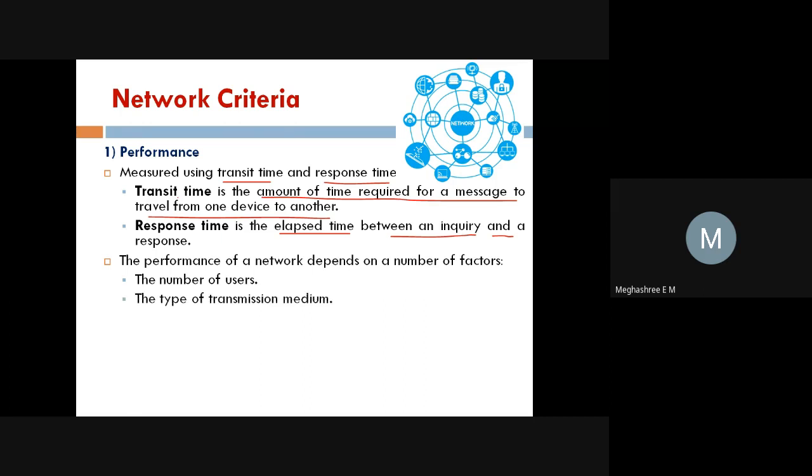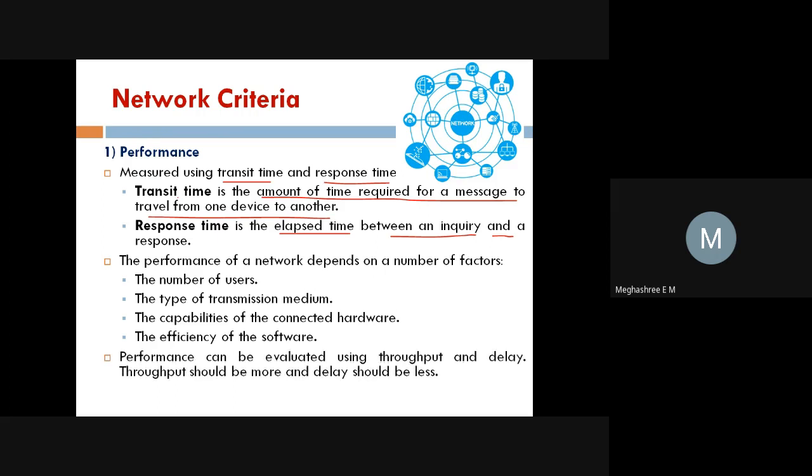Whether you are using coaxial cable, optic fiber or radio waves, whatever transmission medium you use also decides the performance of the network. The third one is the capabilities of connected hardware. The hardware connection is also accountable for the performance of a network. And the last one is the efficiency of the software. These four factors also decide the performance of a network.